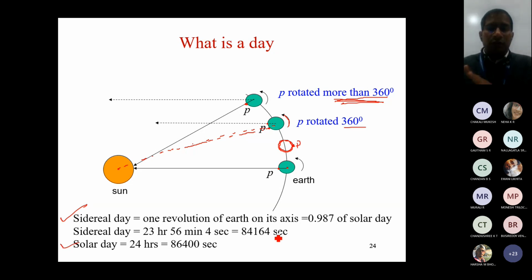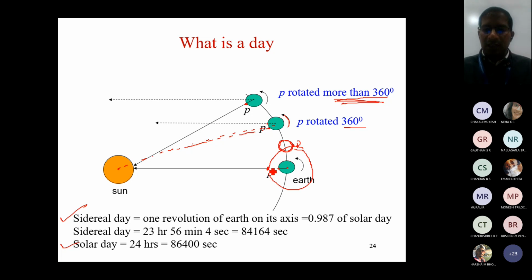In satellites, we are not considering the solar day, we are considering the sidereal day, because we are considering one rotation across the Earth's surface. Suppose this is the orbit of the satellite.